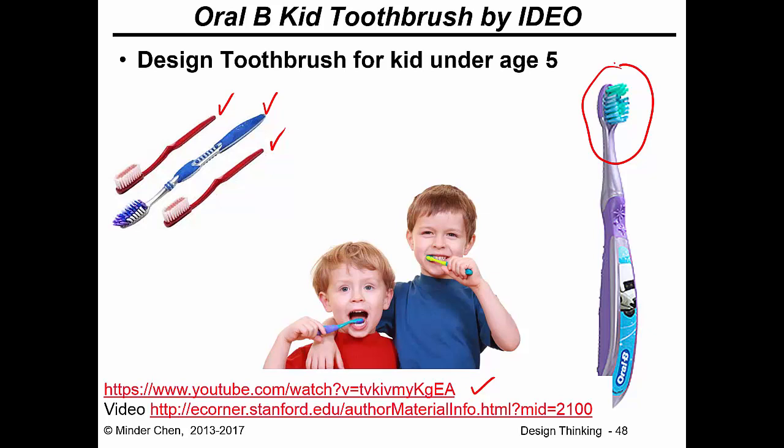So the simple observation leads to a new design for kids' toothbrushes. Now if you go to the supermarket, you will find most kids' toothbrushes have been designed this way. But Oral-B had a leading edge when they first came up with this type of design through IDEO. It certainly became an instant bestseller.